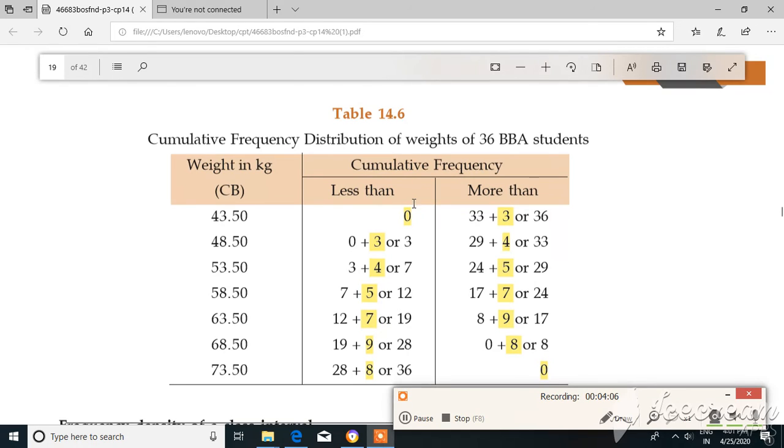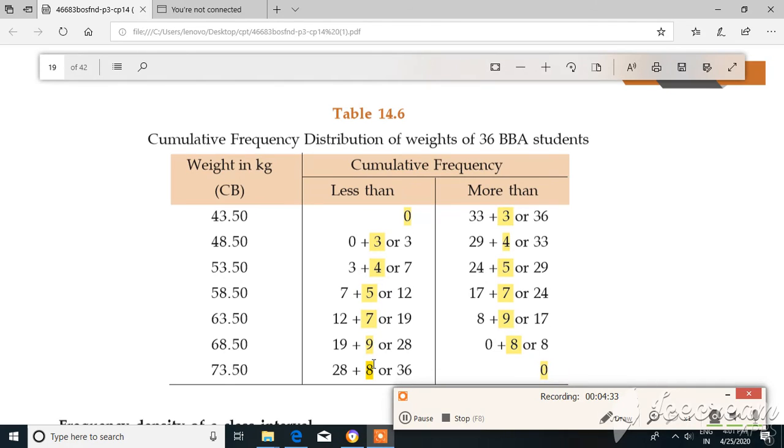So you always keep in mind, first frequency you will write as it is, then first frequency plus corresponding frequency gives you that value, then this total plus next frequency is cumulative frequency for that particular class, and so on. You have to do this till the end, and at last the last cumulative frequency should be equal to summation of all fi.